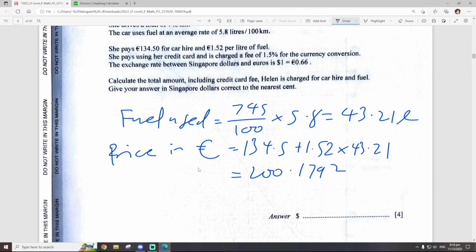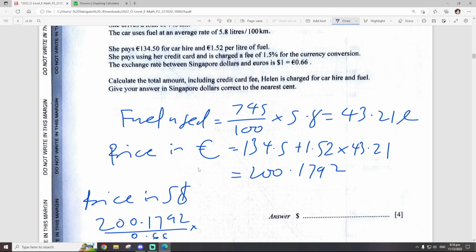We convert to SGD. The price in Singapore dollars is this thing in euros, 200.1792 divided by 0.66 times 101.5 divided by 100.